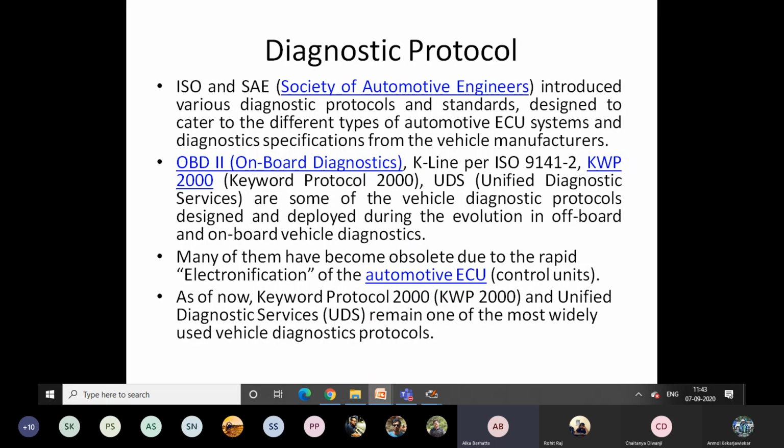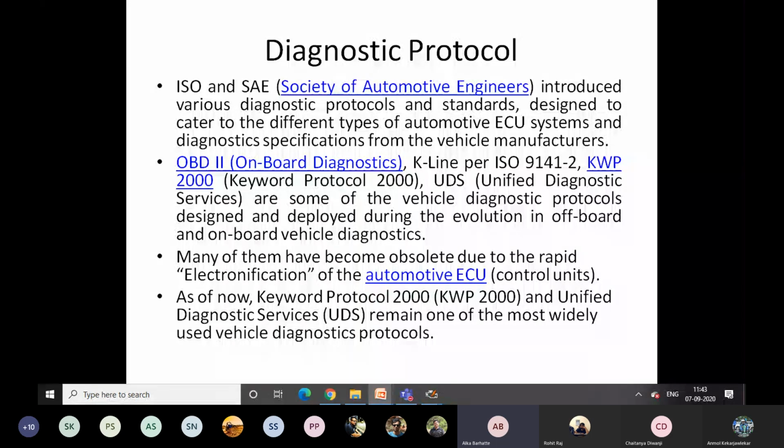And offboard is nothing but analyzing that particular code through a scan tool, so that is known as offboard diagnostics. And all these diagnostics are again based on some predefined standard rules.